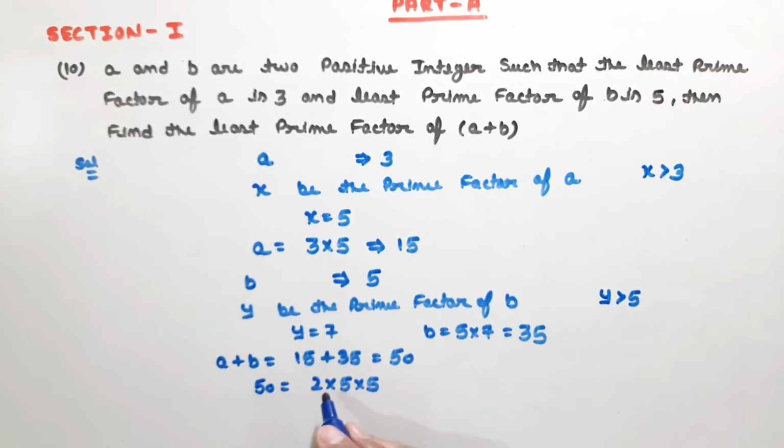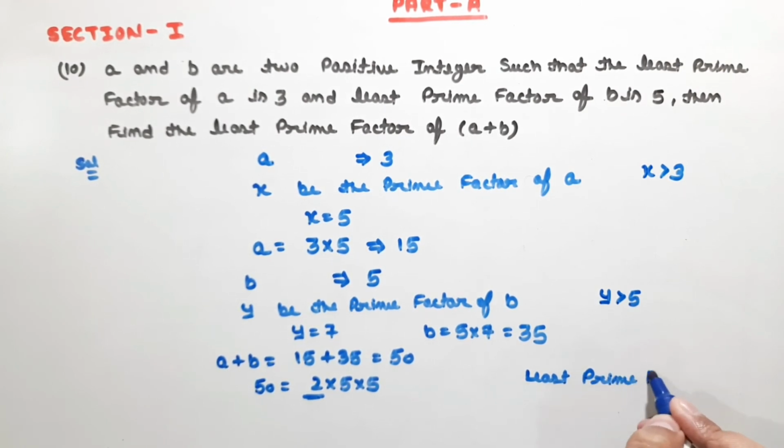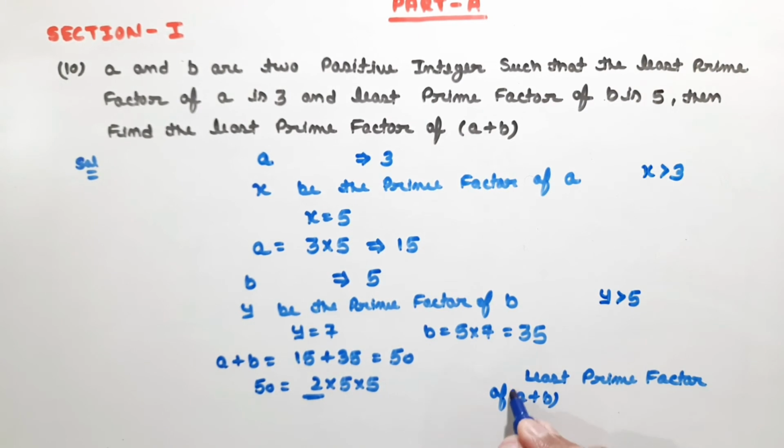So the least prime factor of A plus B is 2.